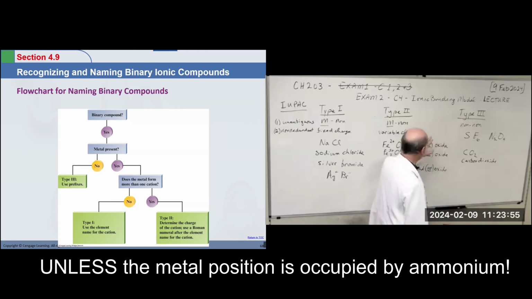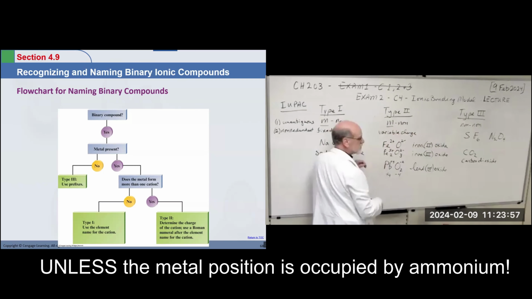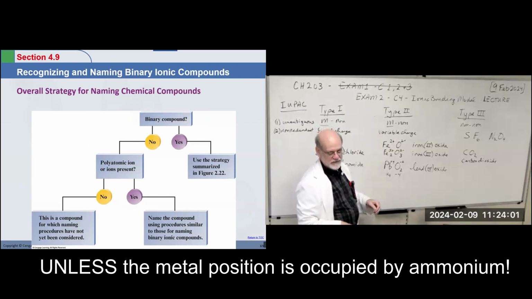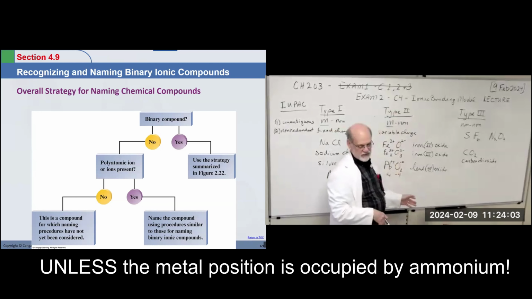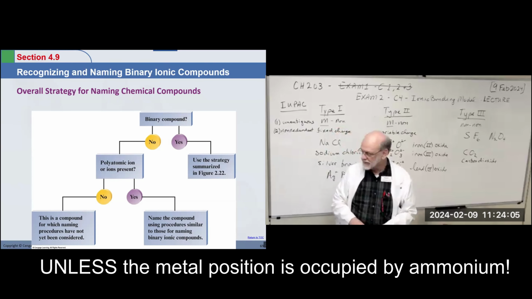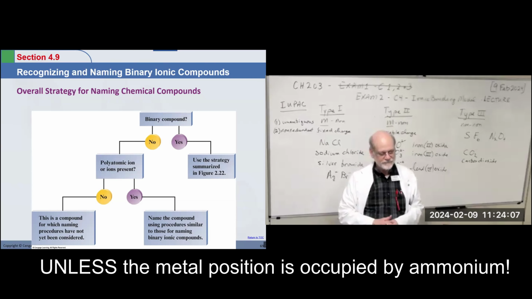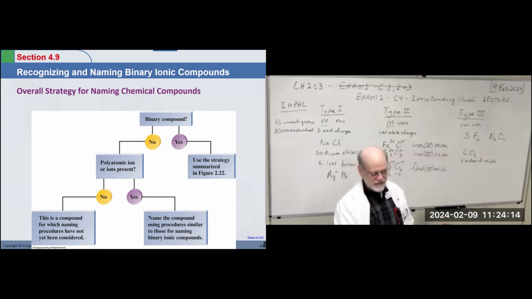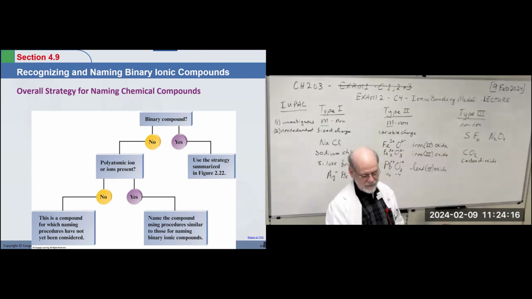If there's a metal, then you go for a tiebreaker. Where is the metal located? Is it a fixed charge or is it a variable charge? If it's variable, you go to this convention. If it's not, go to this one. If it's fixed, then you go to the type 1. That's your decision process for naming compounds.